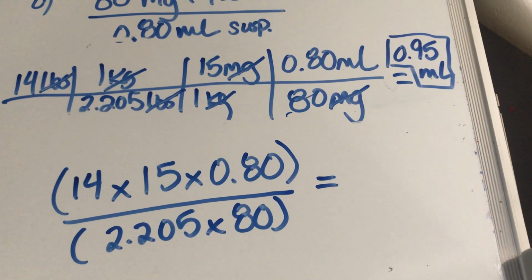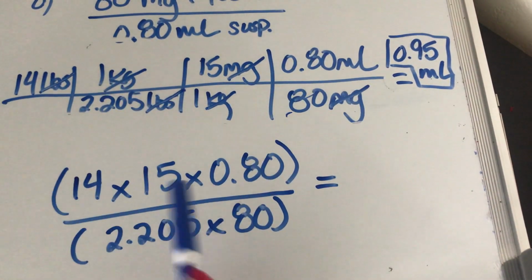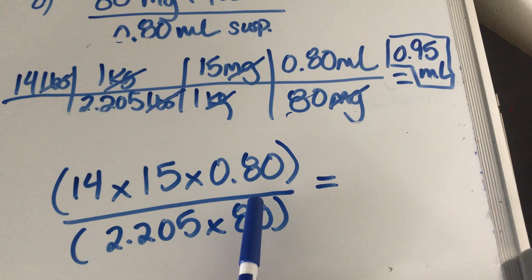What I really want you to take away from this is that that was a really complicated problem, and you might not have been confident, but once we wrote out all of the units completely, we can use the units to solve this problem.